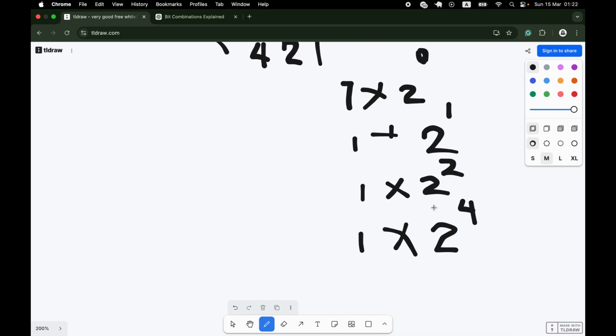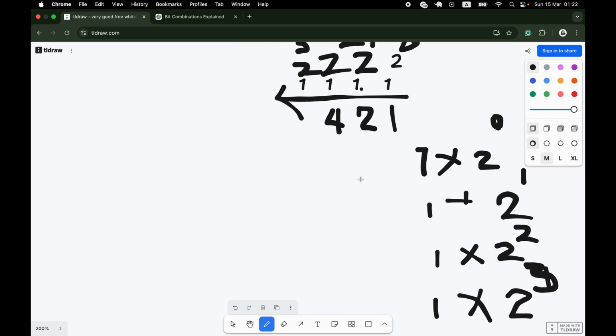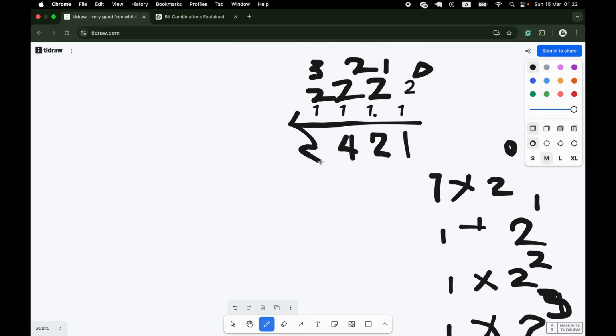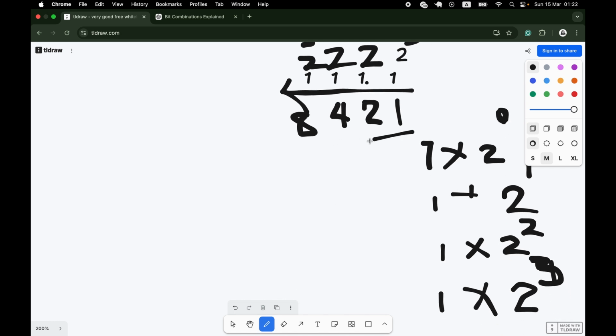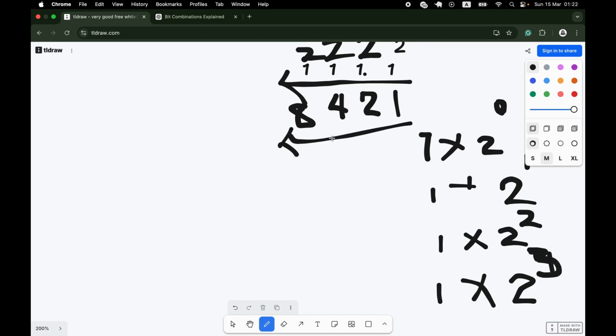Sorry, not 2 to the power 4, it's 2 to the power 3. So it's gonna be 8. So we get the sum of all the numbers: 1 plus 2 is 3, 3 plus 4 is 7, 7 plus 8 is 15.